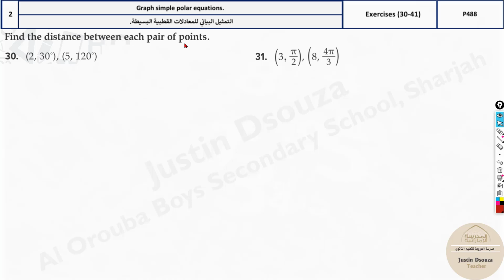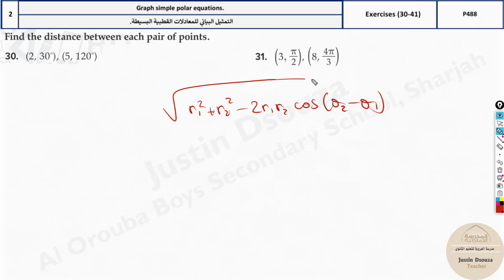See, they have clearly mentioned over here from 30 to 41: find the distance between each pair of points. How do you find it? Let's write the formula. Square root of r1 square plus r2 square minus 2 times r1 r2 cos of theta 2 minus theta 1. This formula must be memorized. Now here, this is r1 theta 1, r2 theta 2.